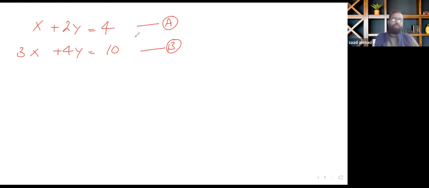There are 2 or 3 different methods to solve linear equations like this. One of them is called the elimination method. And another one is called the substitution method.